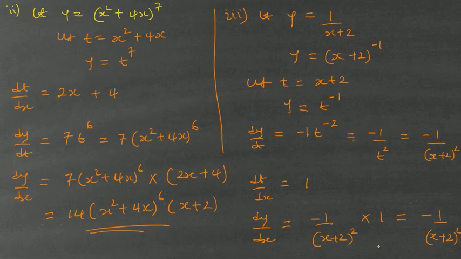Yeah, that is it. Looking at another example, the last one, we have the square root of 1 plus x squared. So we let y be equal to the square root of 1 plus x squared.